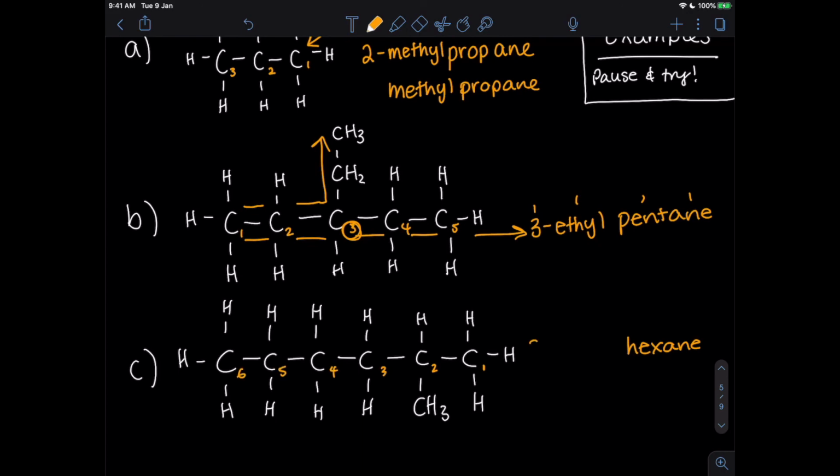So that means that this is going to be 2-methylhexane. So on my 2nd carbon, there is a single carbon side chain. There are 6 carbons in my longest chain, and they are all single bonded together.